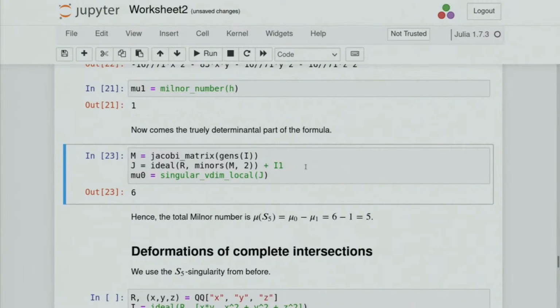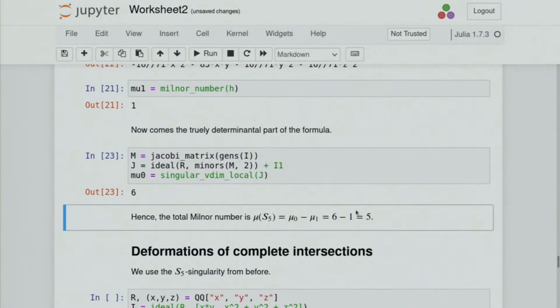We get 6. And if you compare all this complicated code with the complicated formulas on the slides, then you eventually find that what you have to do when you follow the recipe is take the 6, subtract the 1, end up with 5. And there we go. That's the Milnor number of our ICEs.